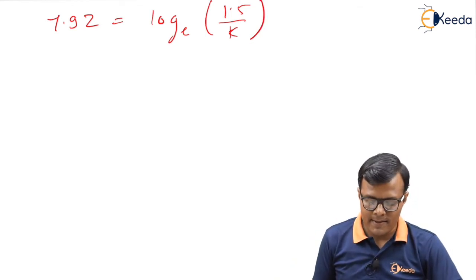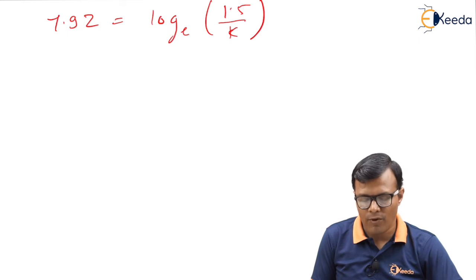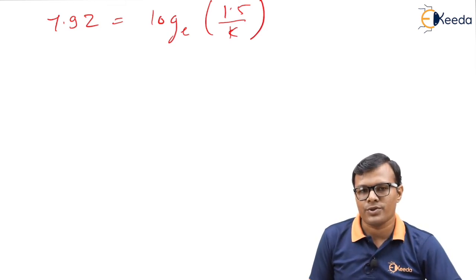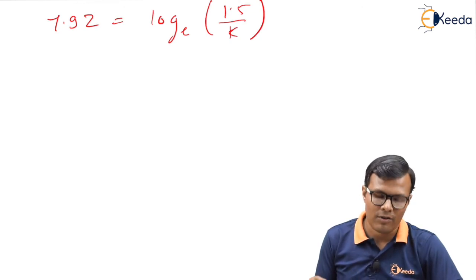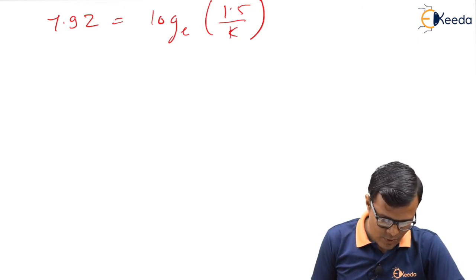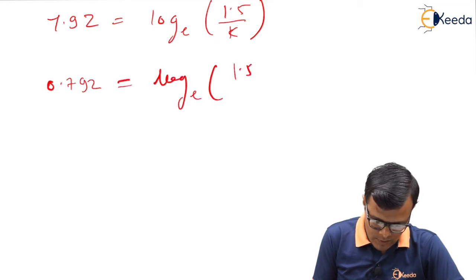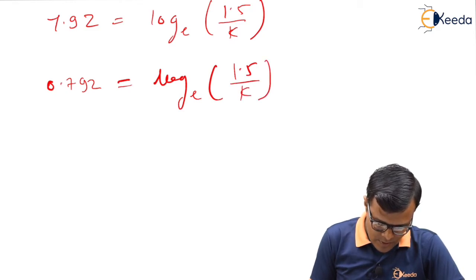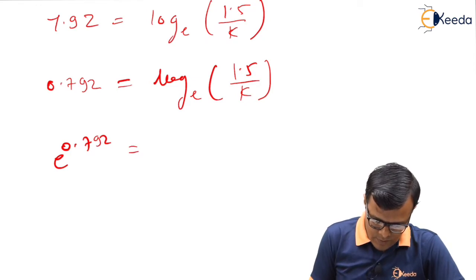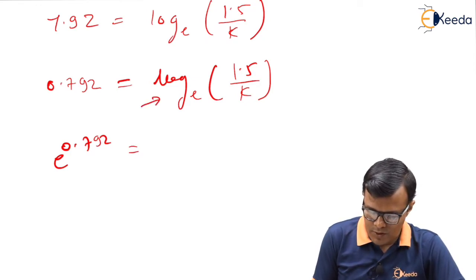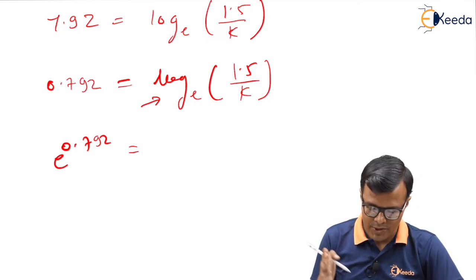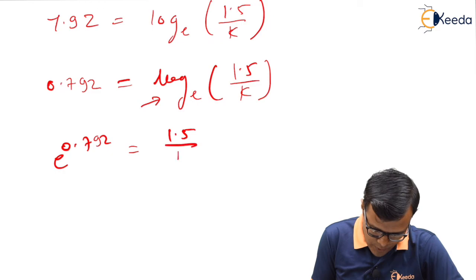In our calculator there is a button for log to the base e. Just press shift and log to the base e, and we get the anti-log, which is nothing but e raised to. So 0.792 equal to log to the base e of 1.5 upon k. E raised to 0.792 is equal to e raised to this whole term, and we know that e raised to log cancels, so the only remaining term is 1.5 upon k.